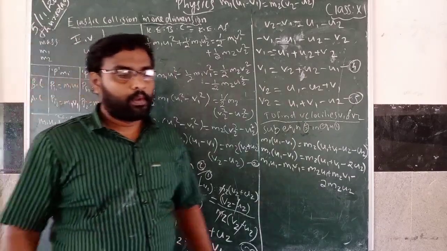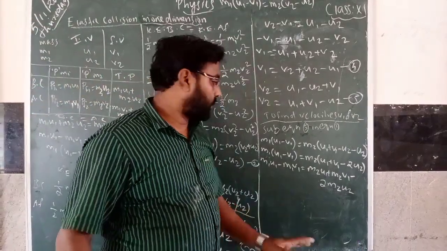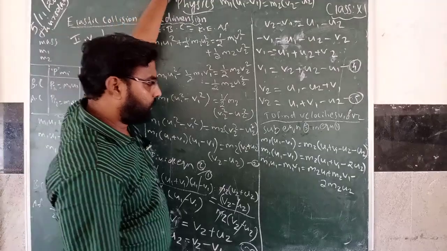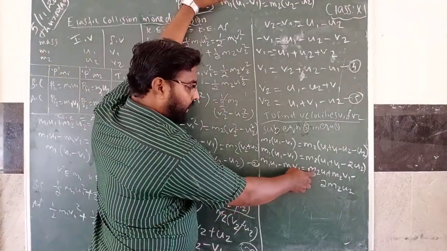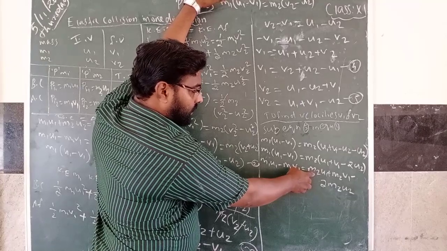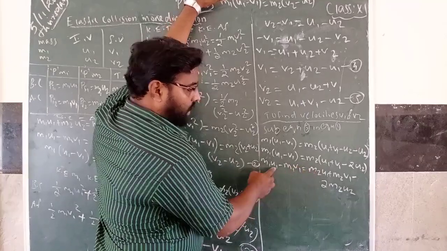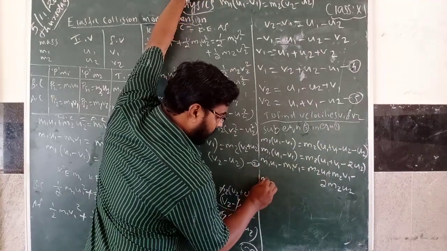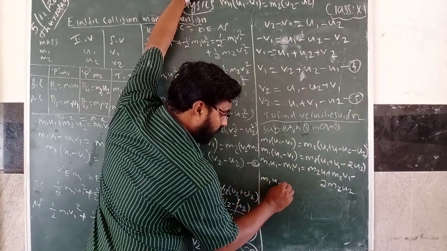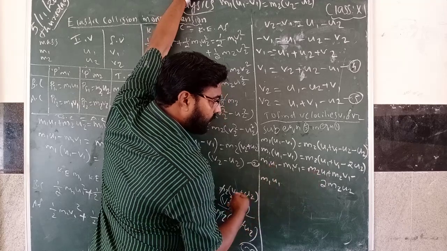Now you have to bring u1 on one side and v1 on one side. So m1 u1, take this side.